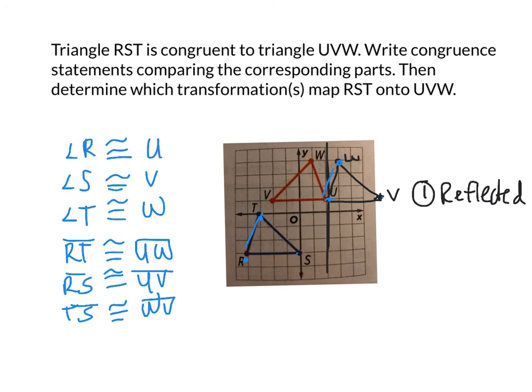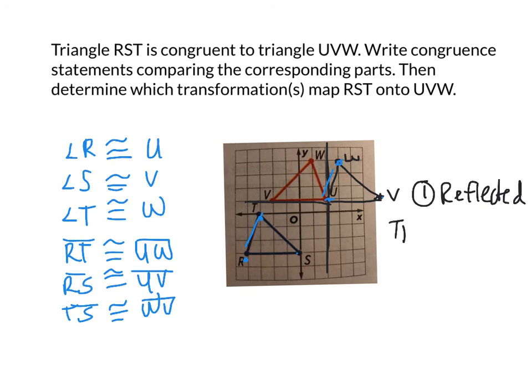You might be asked at some point to say how far you translated the object. So again, we know how to do this. We did this last unit. So if I start here at U and I need to get down to R, I'm going to go 1, 2, 3, 4, 5, 6 units left.